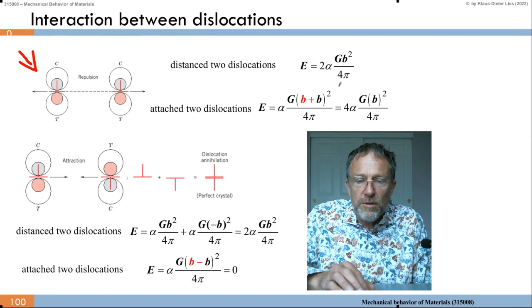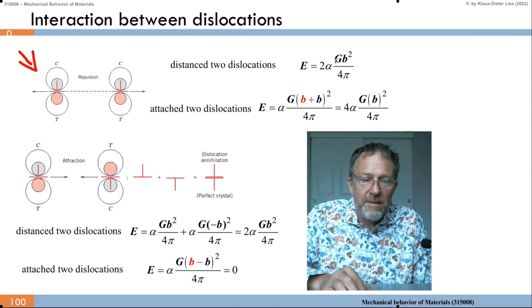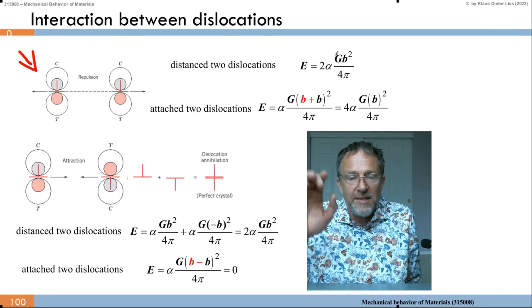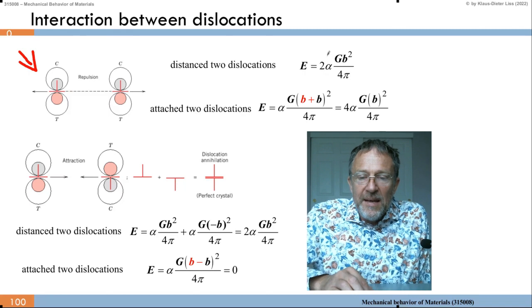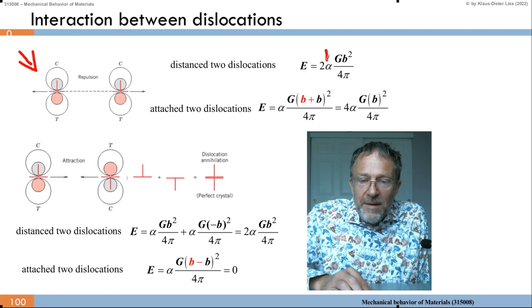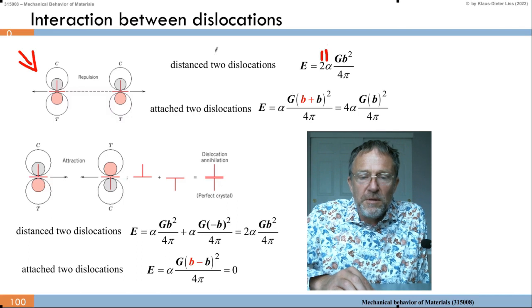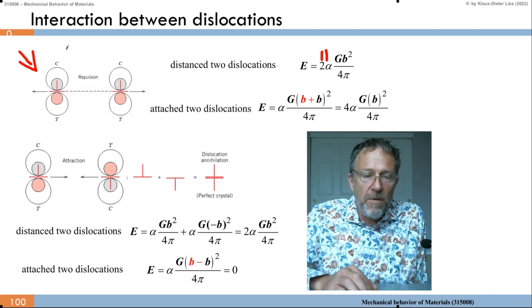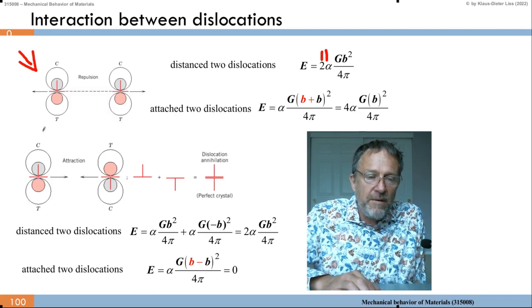This is now for screw, but you can write down the same for the edge dislocation. Now we put all that in the alpha. So you can put a 1 minus nu in the denominator, it doesn't change anything. So remember, 1 has a factor of 1 here, and 2 has a factor of 2 here, because I have 1 which is independent, far away from the other one.